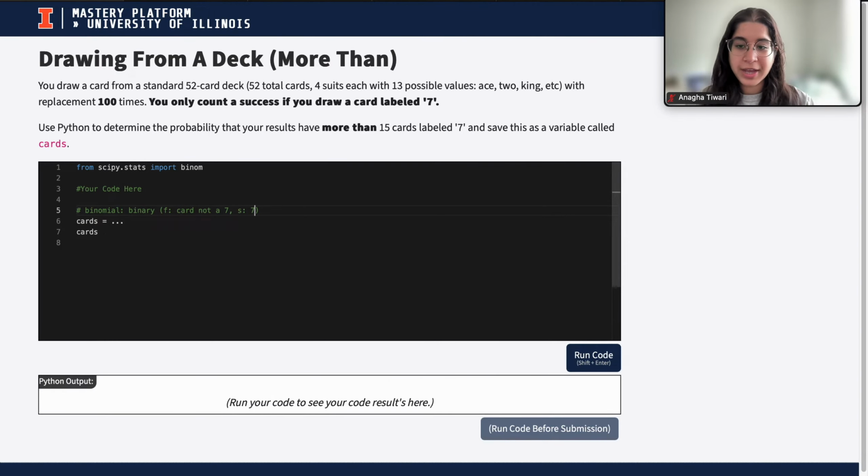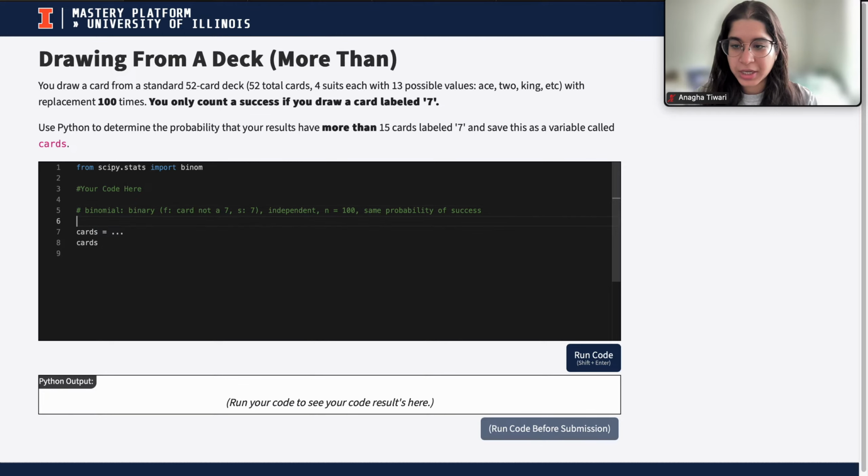We have independent trials because we're drawing from a deck with replacement. That's the keyword, with replacement. Our n equals 100 trials, and the probability of success is the same each time because we are drawing with replacement. That's the criteria for determining if this is a binomial distribution, which it is.